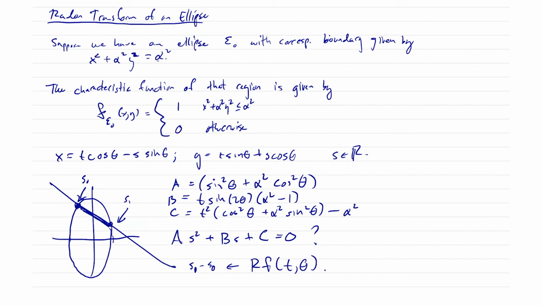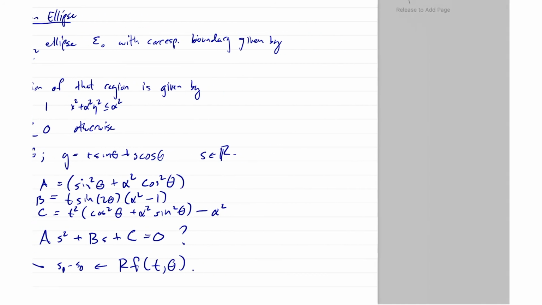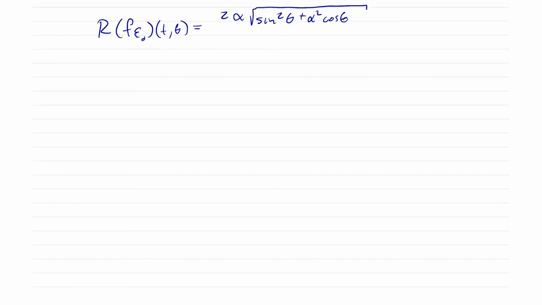Since this is a quadratic equation, you can just use the quadratic formula, and that ultimately gives you that the Radon transform of f epsilon naught at t comma theta is equal to 2 times alpha times the square root of sine squared theta plus alpha squared cosine squared theta minus t squared, all divided by sine squared theta plus alpha squared cosine squared theta.